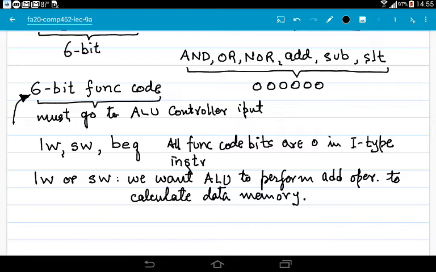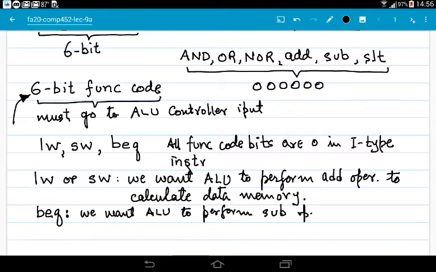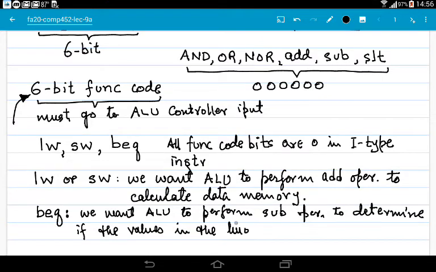And for the branch if equal instruction, we want the ALU to perform the subtraction operation to determine if the values in the two registers are equal.